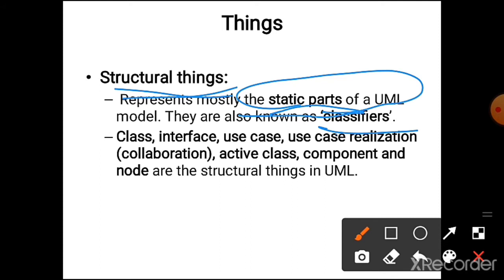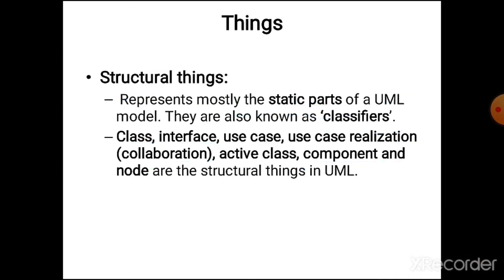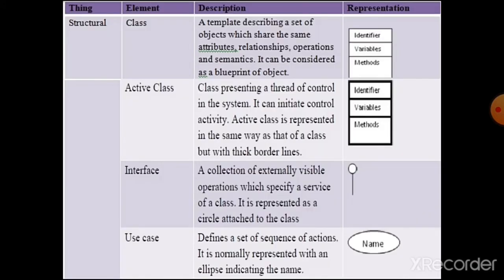So here the structural things in UML are represented by class, interface, use case realization or collaboration, active class, components, and node. This is the structural. So structural is class. Class is represented here.